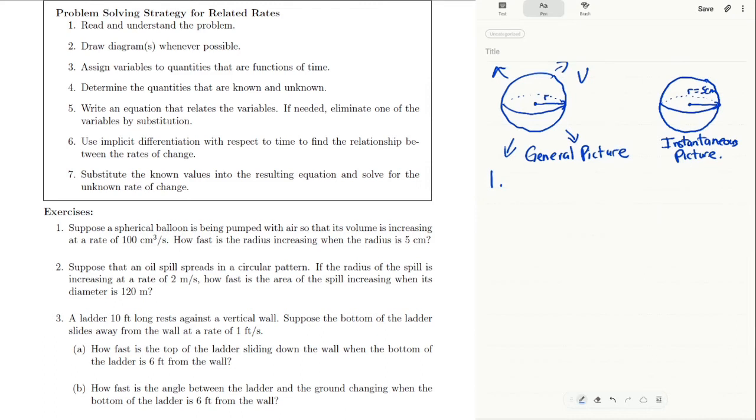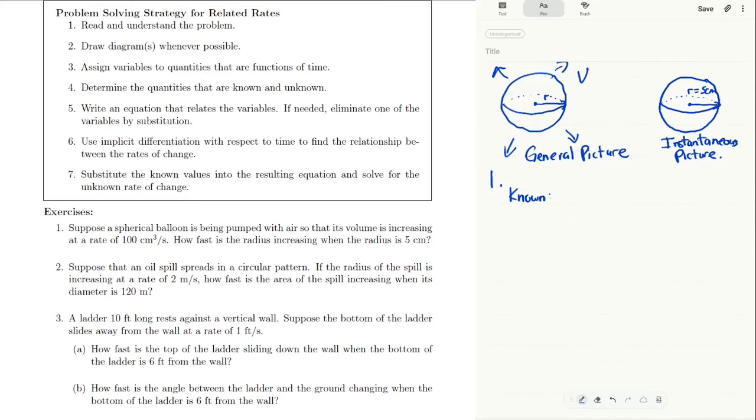Now let's determine the quantities that are known and unknown. What are we given from the problem? We're given that the volume is increasing at a rate of 100 centimeters cubed per second. We can write the rate at which the volume is increasing by using our derivative.